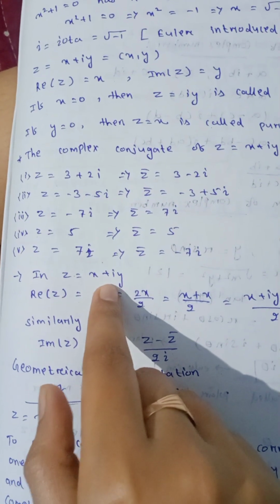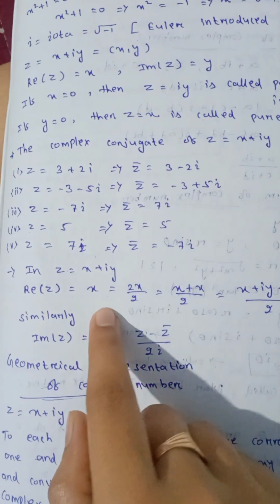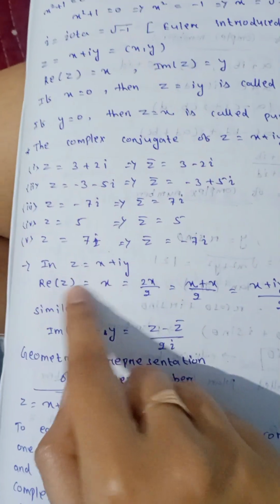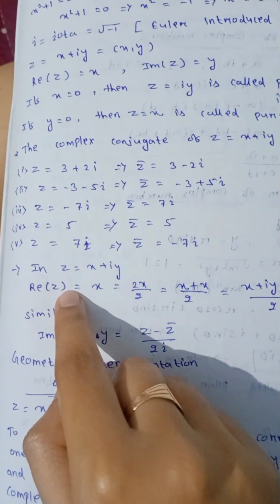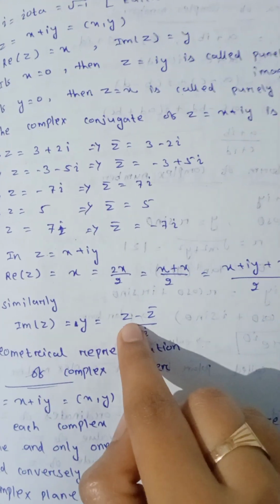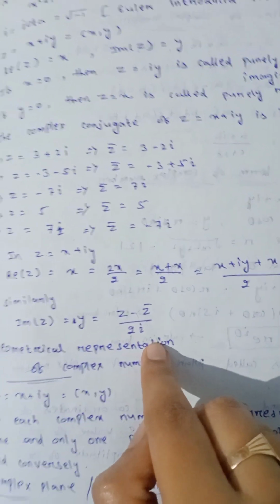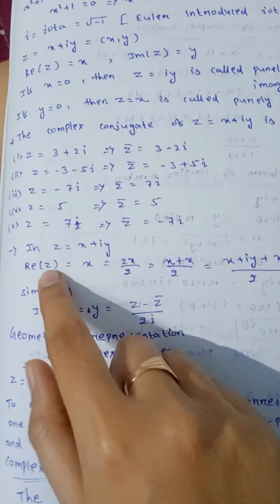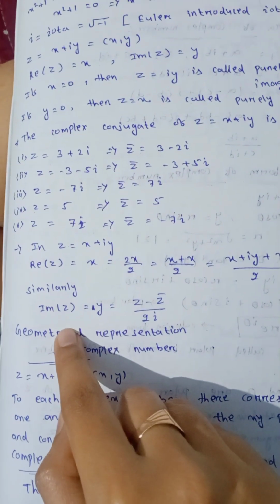If z equals x plus iy, then the real part of z equals x equals 2x by 2. How is this formed? Because the real part of z equals z plus z bar by 2, and the imaginary part of z equals z minus z bar by 2i. So from that formula we get the real part and imaginary part of z.